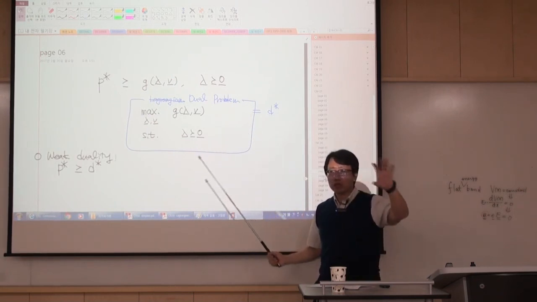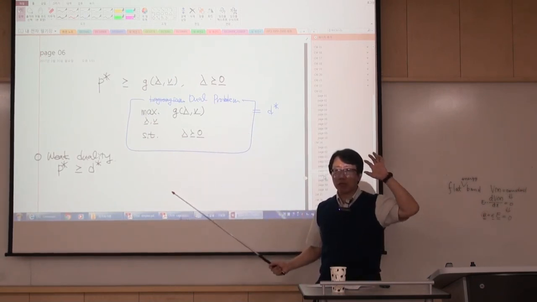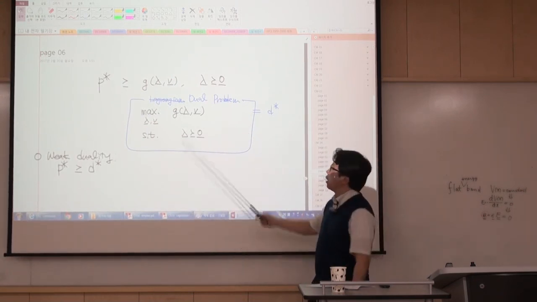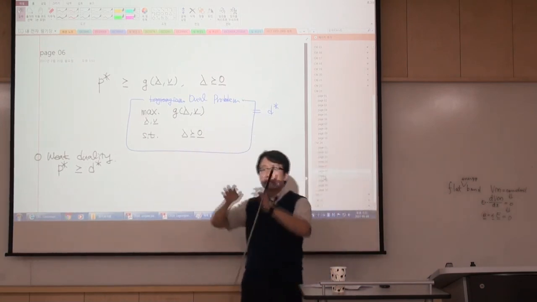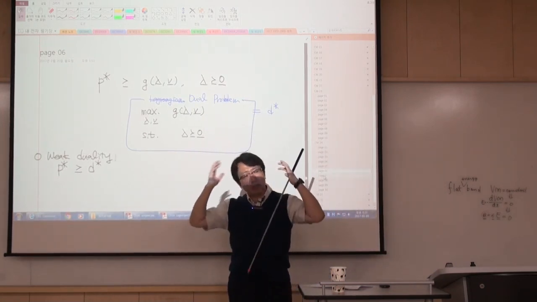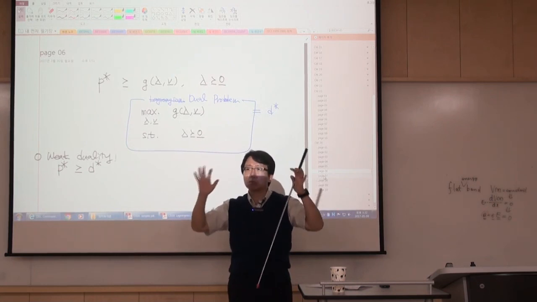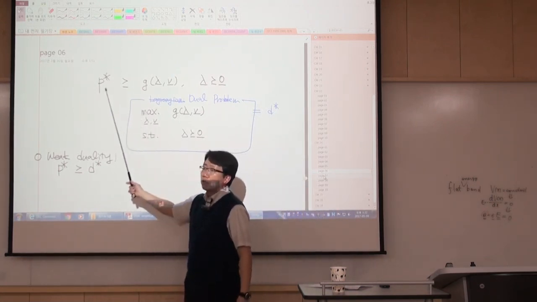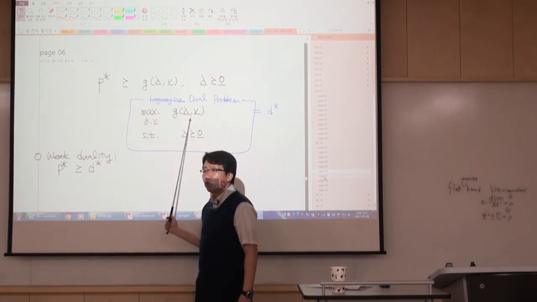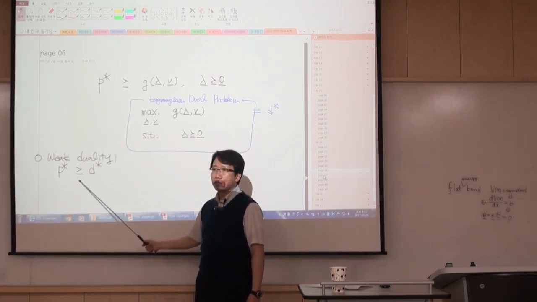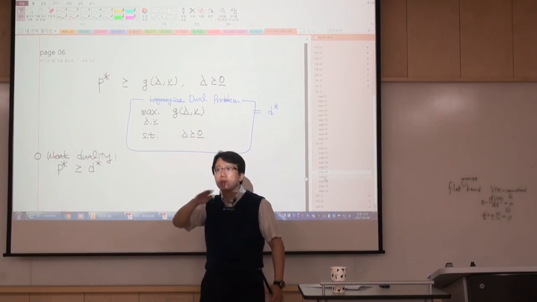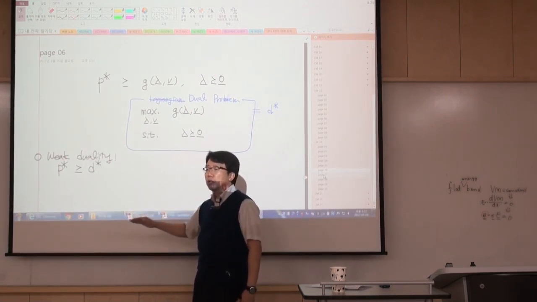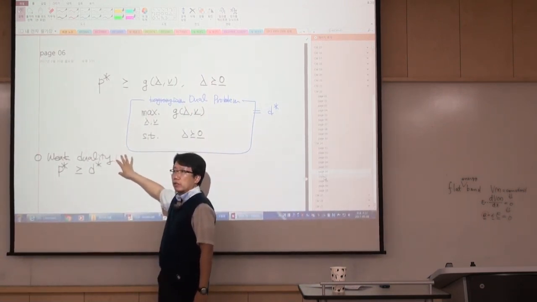So you have an original problem that is now called the primal problem, and now you have a dual problem. If you solve both of them, or if you just assume you solved both of the problems, what happens? The optimal objective function values of the primal and dual have this relation, because we use a lower bound. And this is called weak duality.